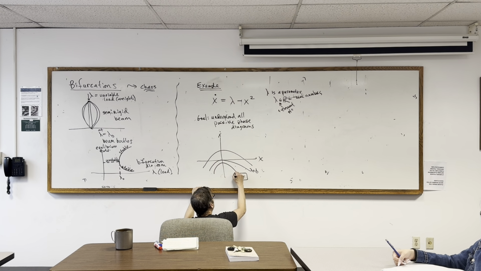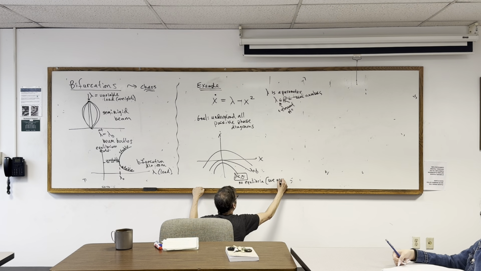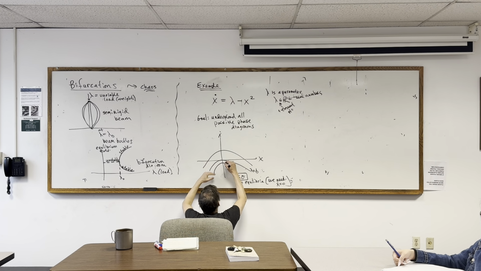So when lambda is less than zero, there are no equilibria. Recall, we need x dot to equal zero for an equilibrium. We don't have that. As soon as lambda hits zero, instantly an equilibrium is born.